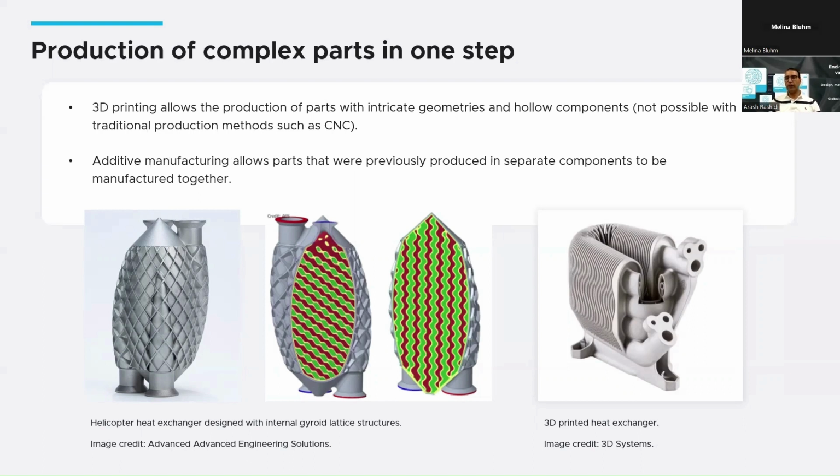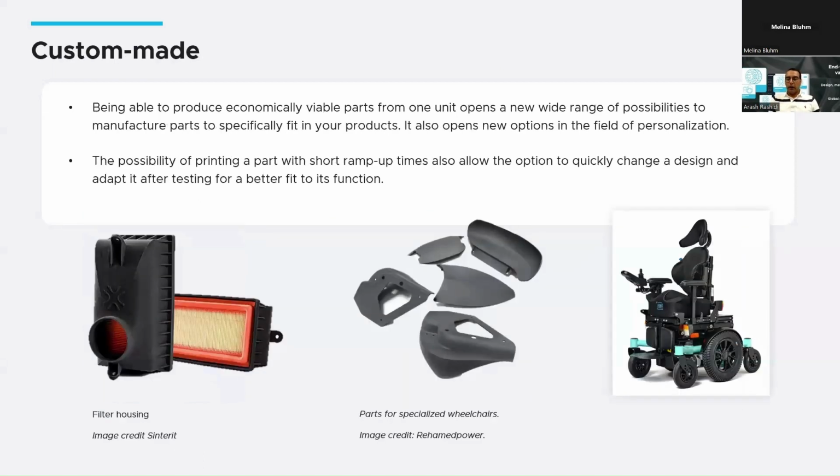And of course, again, here is also the fact that you can have parts produced in one piece instead of in separate components that are then assembled together. As I already mentioned, customization is an important aspect now in production, especially if it is low volume production.